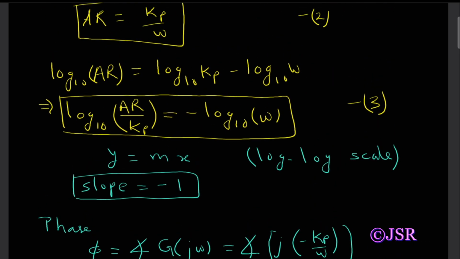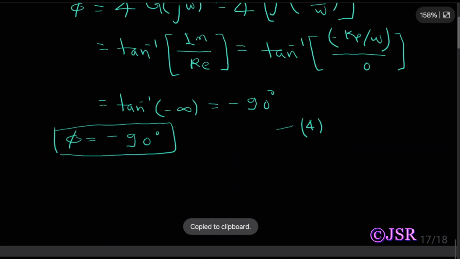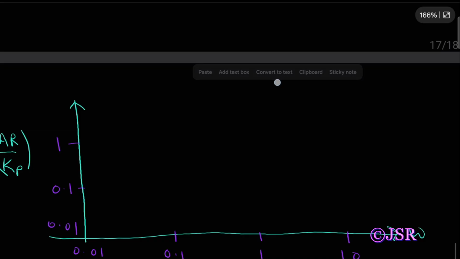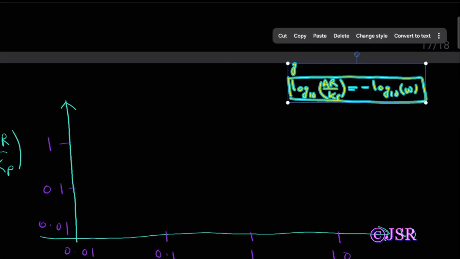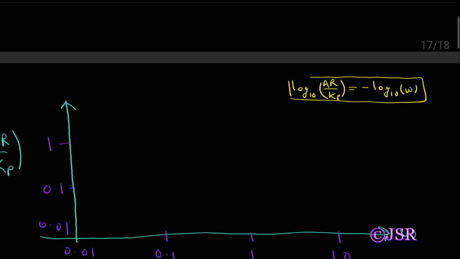So from this expression, AR upon Kp is equal to omega inverse. So this is 1 upon omega, right?